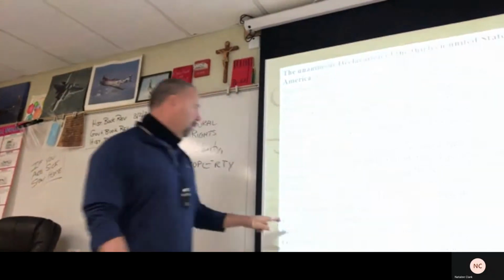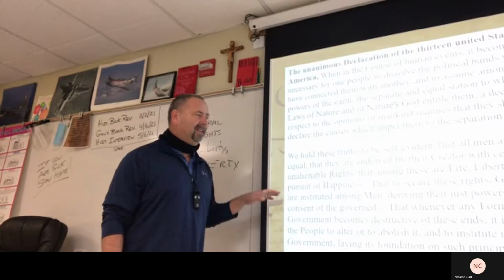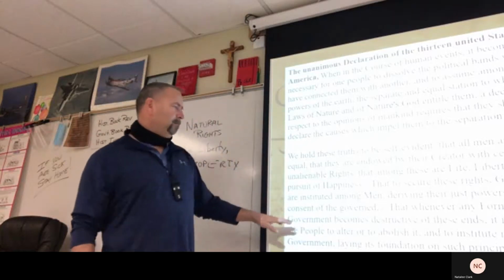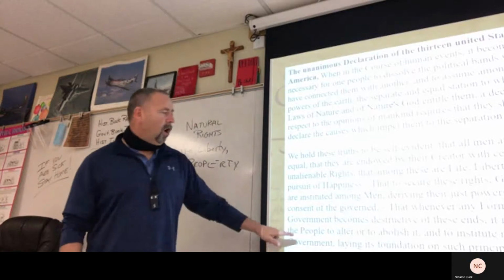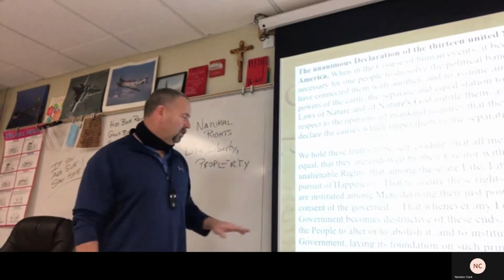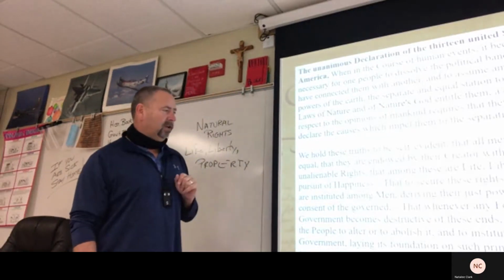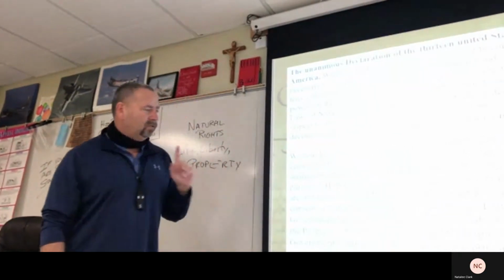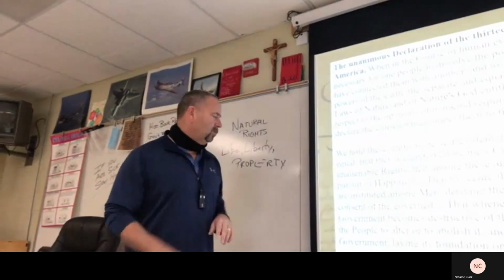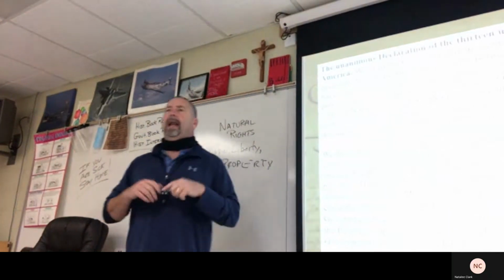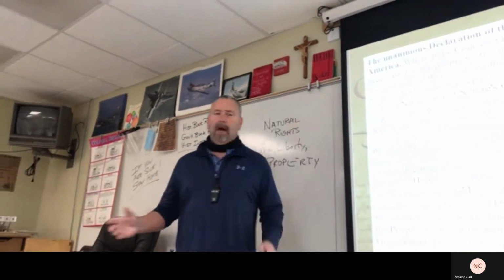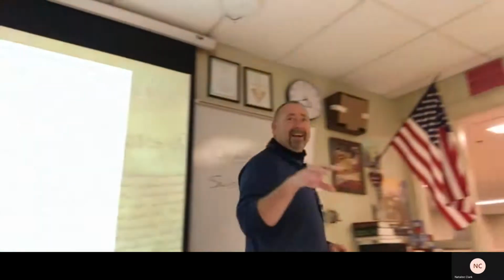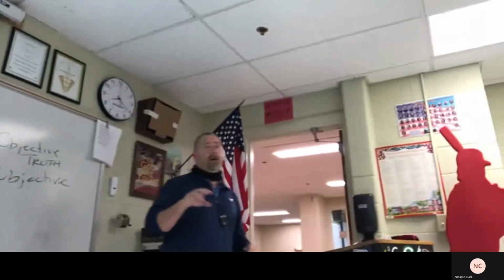That whenever any form of government becomes destructive of these ends, they do not secure your rights, it is the right of the people to alter or abolish it, and to institute new government, laying its foundation on such principles and organizing its powers in such form as to them shall seem most likely to affect their safety and happiness. Now, Jefferson did not plagiarize from Locke, okay, but he certainly borrowed from Locke.